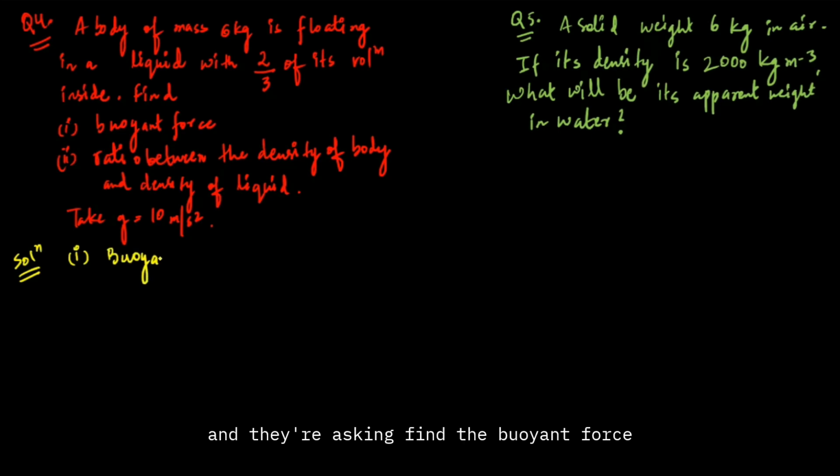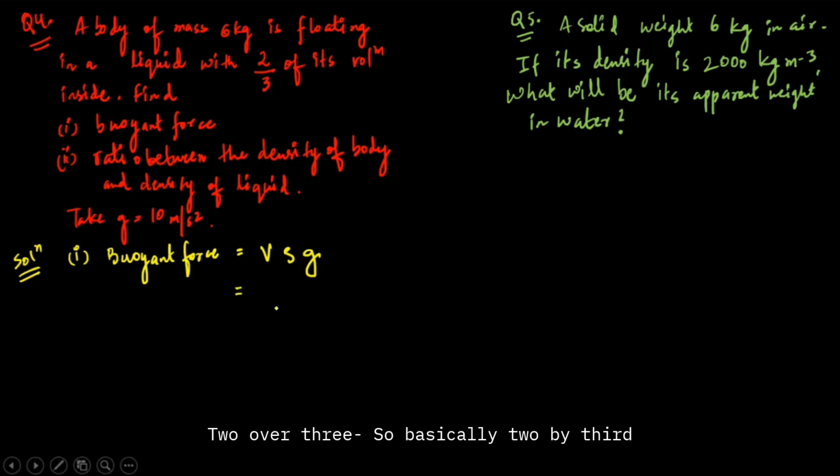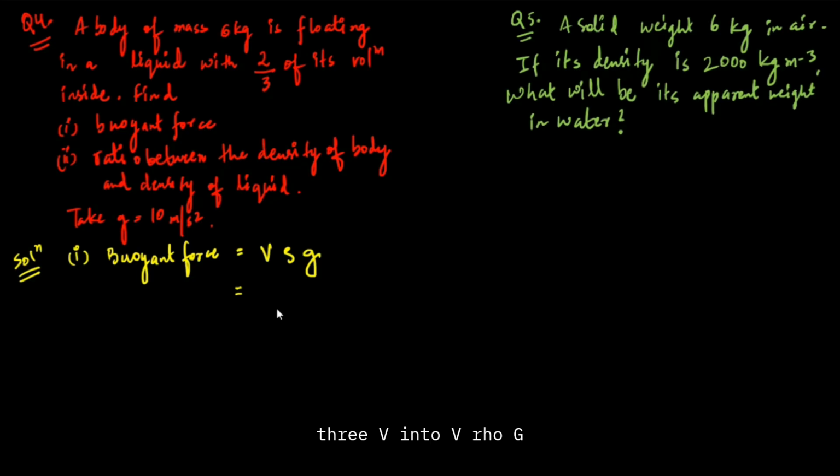They're asking to find the buoyant force. We need to find the volume first, right? So 2/3 times 1000 times the total volume, that is 2/3 V times rho g.